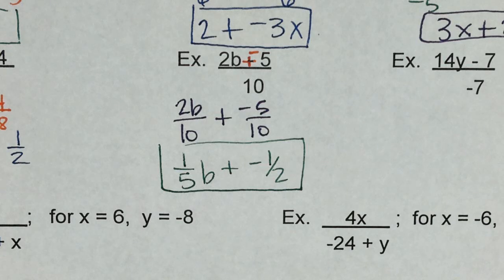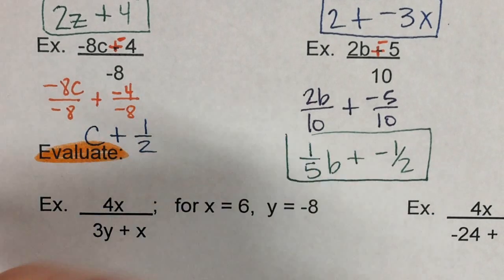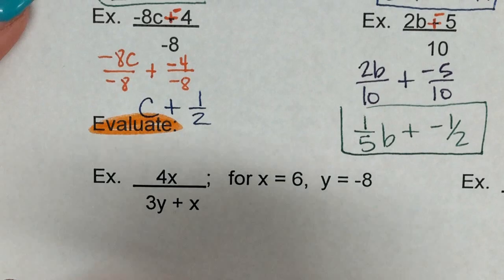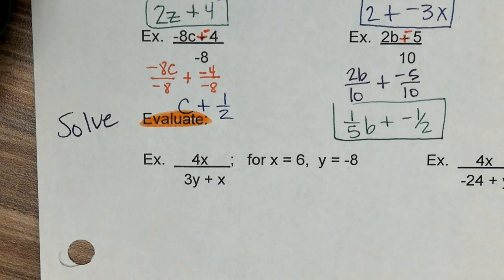Okay, can we move on? Look at the next part. What does it ask you to do? Evaluate. What does evaluate mean? Solve. So anytime it says that, it's going to give you the value of x or y or whatever.